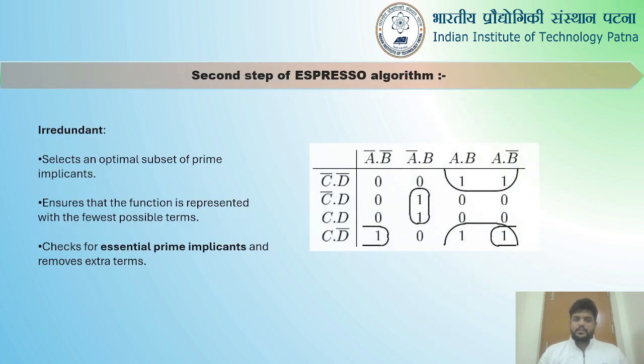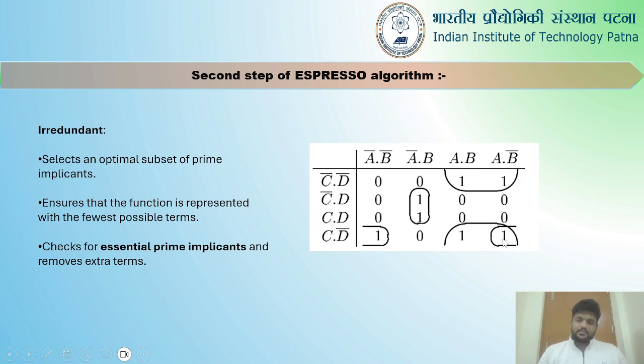Now, in the irredundant step, we will do the opposite of what we did in expand. We will find the irrelevant or redundant coverings, or you may say circles. Like here, you can see in the image that this one term is also covered by another overlap.